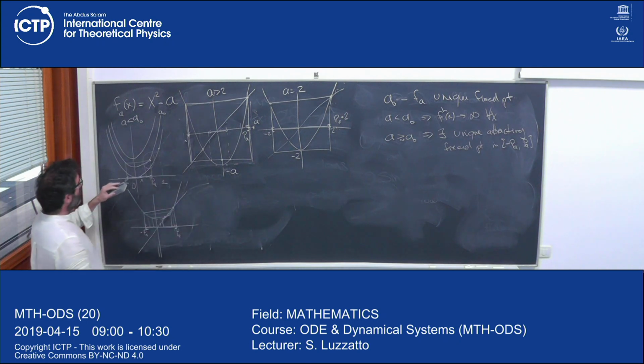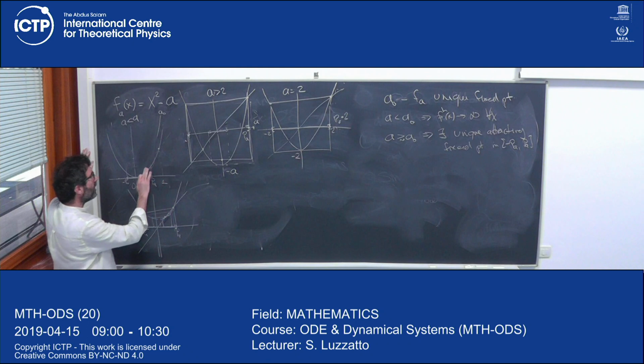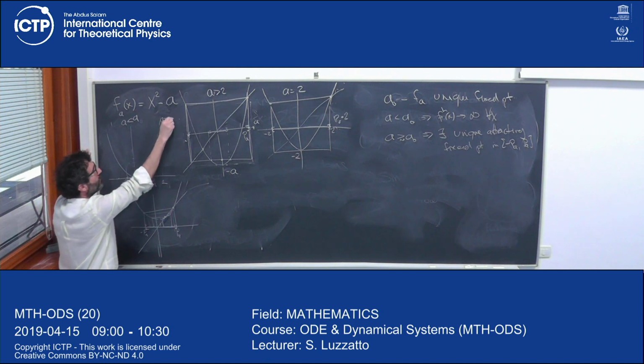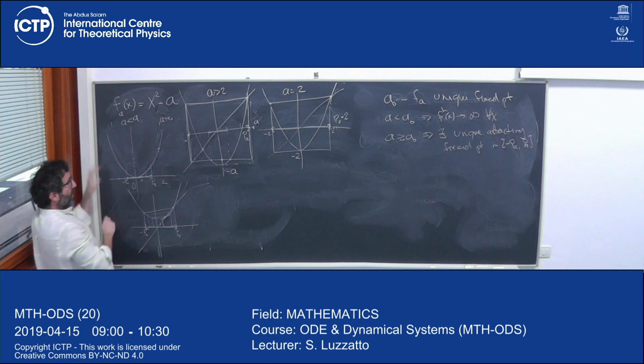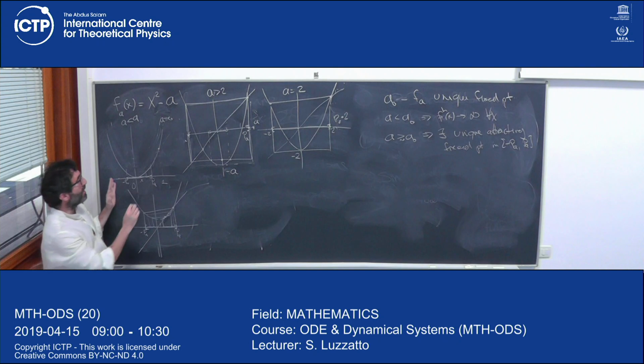What happens as we move further now? Okay, we're trying to do systematic analysis here. So here we have this fixed point. Let's look at the parameter value A equals 0. What do we have in the parameter value A equals 0? We have exactly the same picture, right?